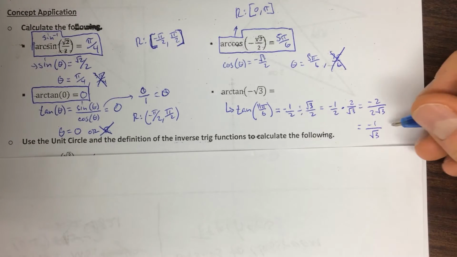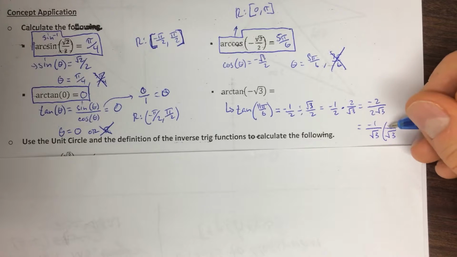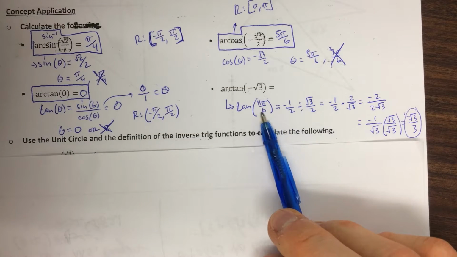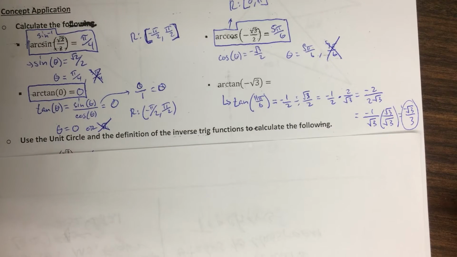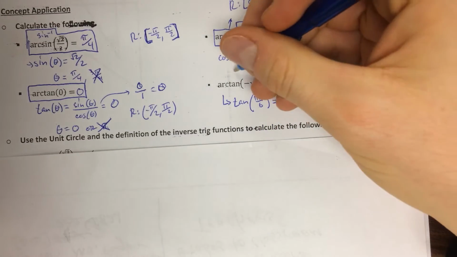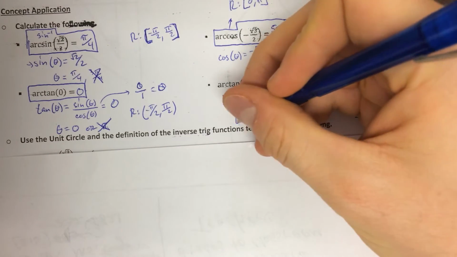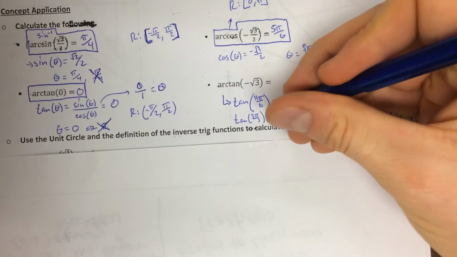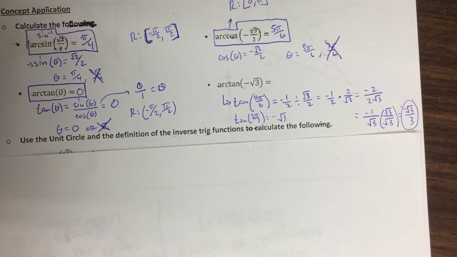We can't have a square root in our denominator. And so that's what we would get for tangent of 11 pi over 6. So you can check it if you want, but tangent of 5 pi over 3 works. Tangent of 5 pi over 3 will actually equal negative square root of 3.